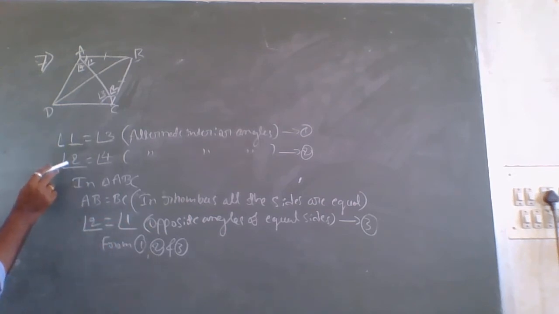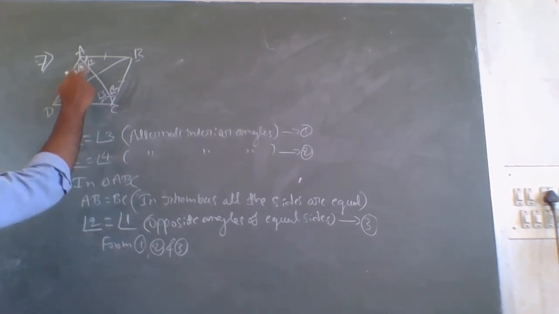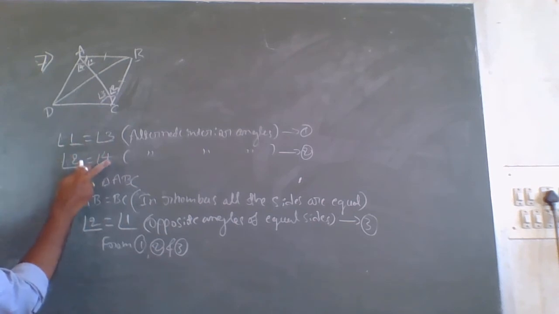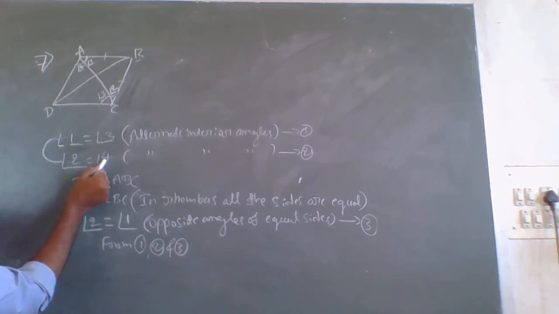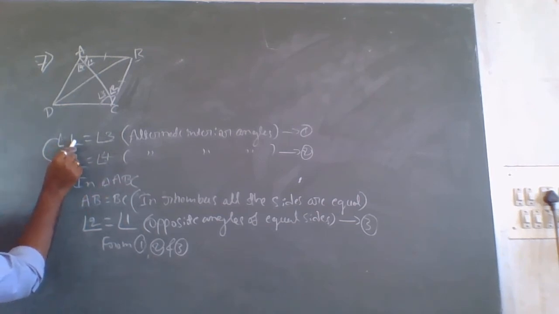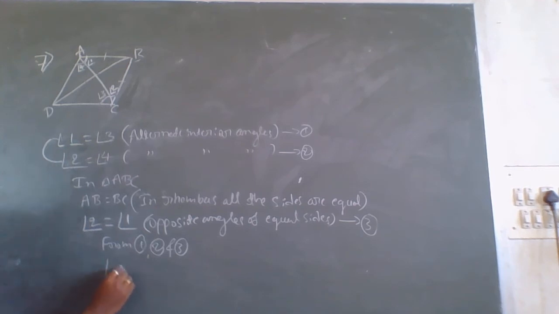So what can we write? Angle 1 is equal to angle 4. Why? Angle 1 is equal to angle 2, and angle 2 is equal to angle 4. Means angle 1 is equal to angle 4.